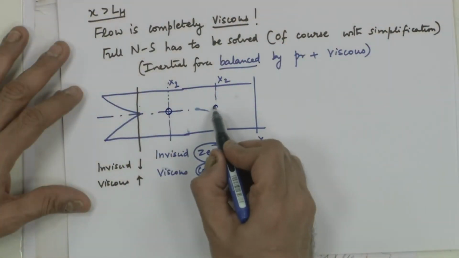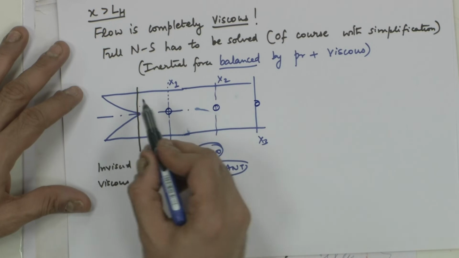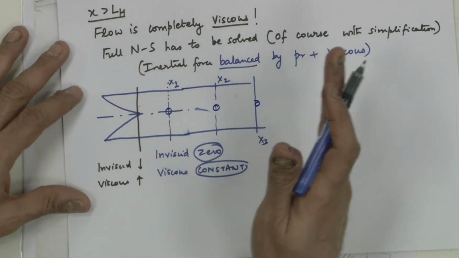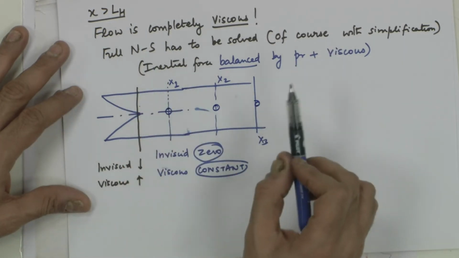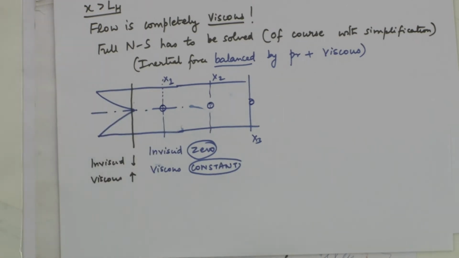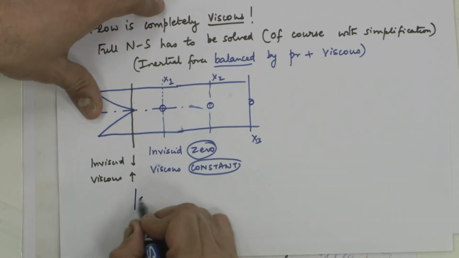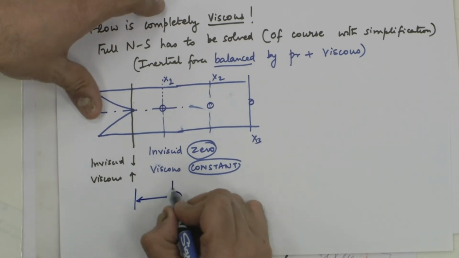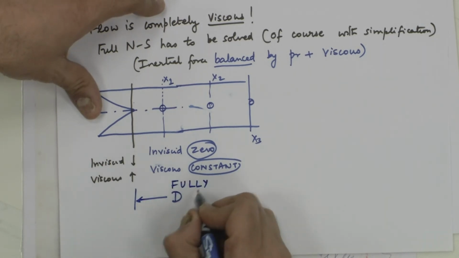The flow is not going to know whether it is here or here or here, because nothing in the flow with regard to the forces is going to change. Boundary layers have merged, viscous effects have propagated to the center, flow is completely viscid, inertial forces are the same, everything is the same. This region is called fully developed flow.